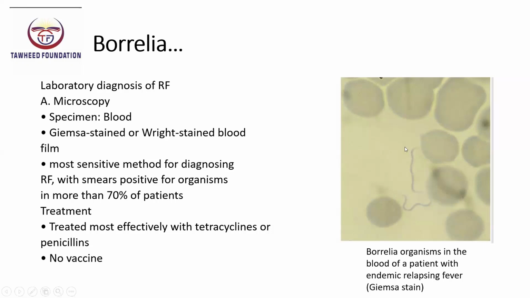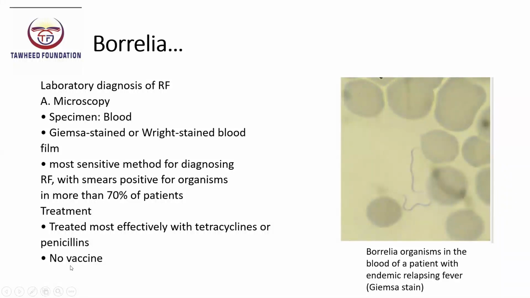Seeing Borrelia in a blood film is highly characteristic of relapsing fever and demonstrates the advantages of microscopy in diagnosing the disease. So this is the microscopic image of Borrelia organisms in the blood of a patient with endemic relapsing fever.